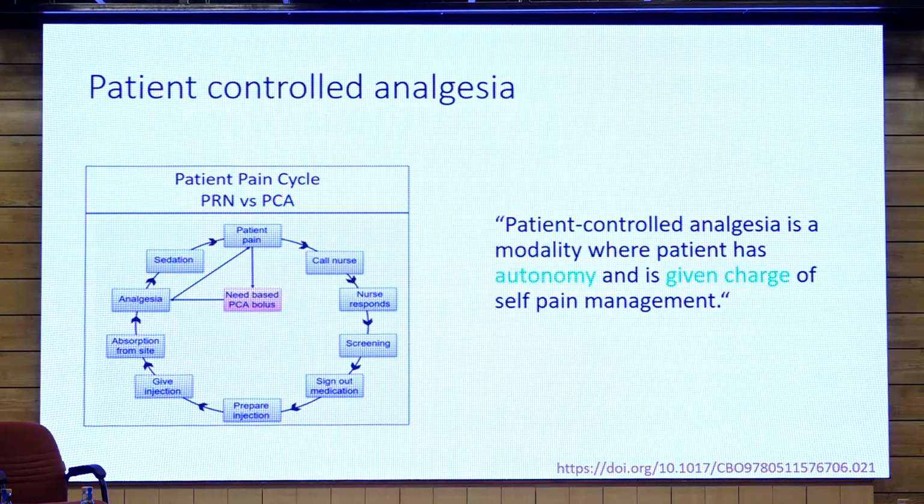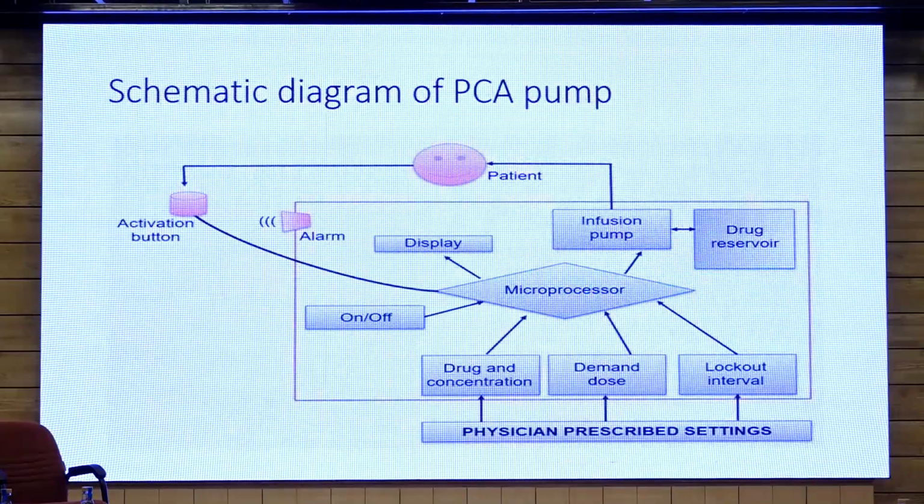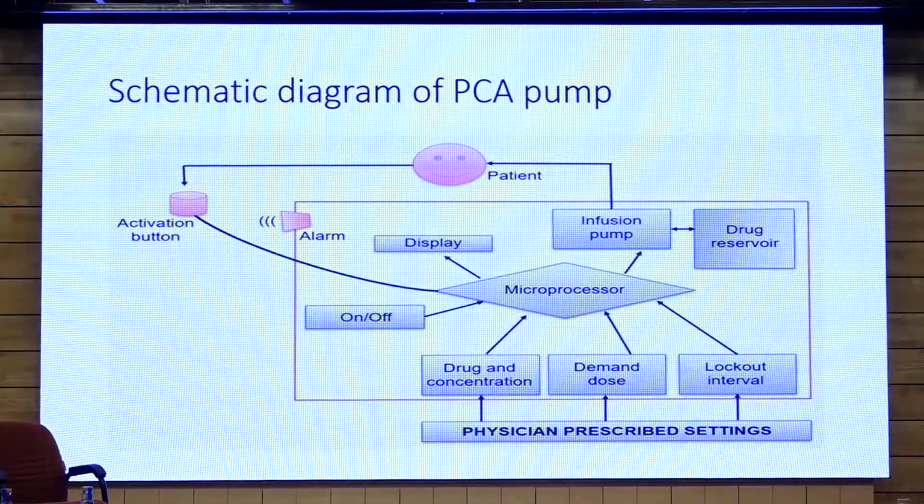So in patient-controlled analgesia, a patient has autonomy and he is given charge of his or her self-pain management. This is a schematic diagram of the PCA pump. The physician decides what drug to be used and the concentration. He sets the demand dose and the lockout interval. There's a microprocessor which controls the pump.